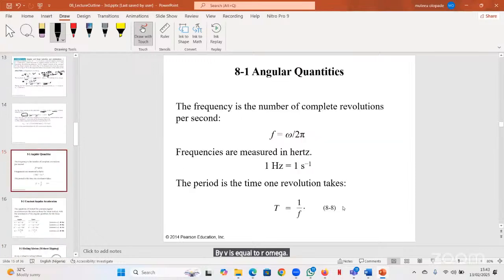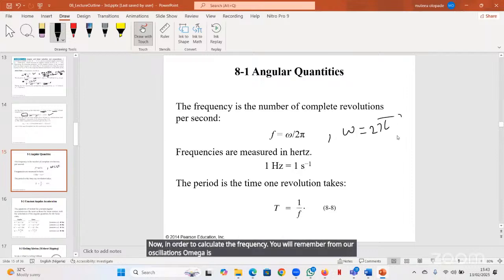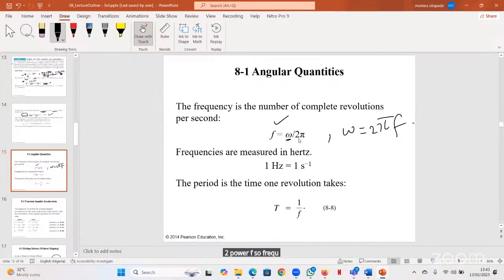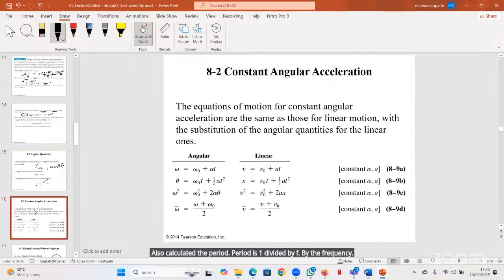Now, in order to calculate the frequency, if you remember from our oscillations, omega is equal to what? 2 pi f. So frequency is omega, the angular velocity, divided by 2 pi. Also, the period is 1 divided by the frequency. So I hope it is clear.